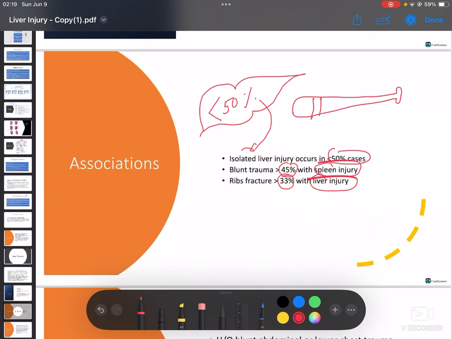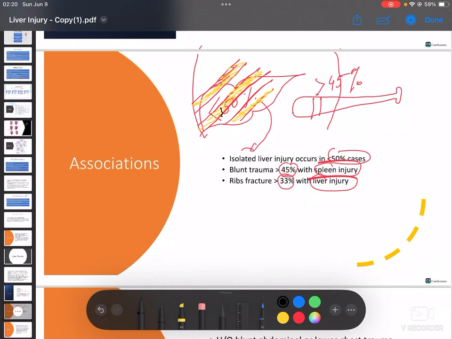This is more than 45%, and if we consider this associated with rib fracture, there is a rib and there may be a crack or fracture.